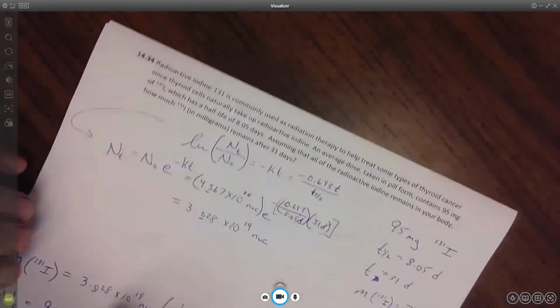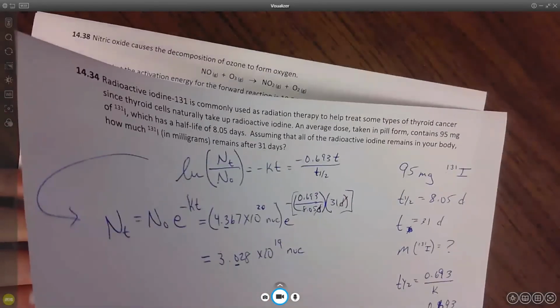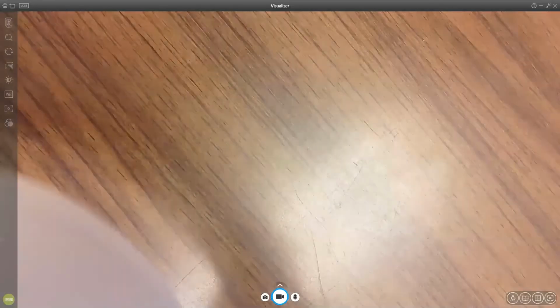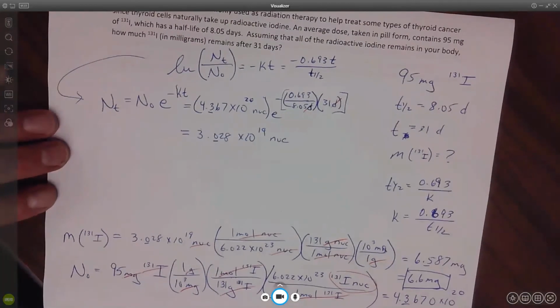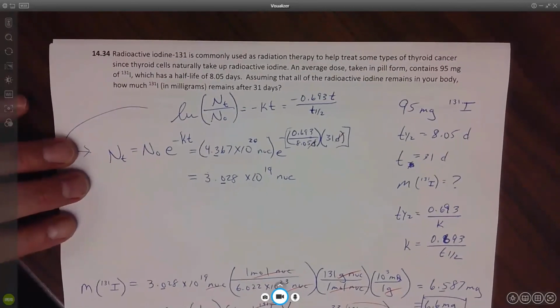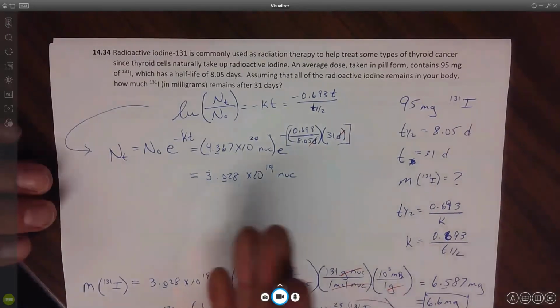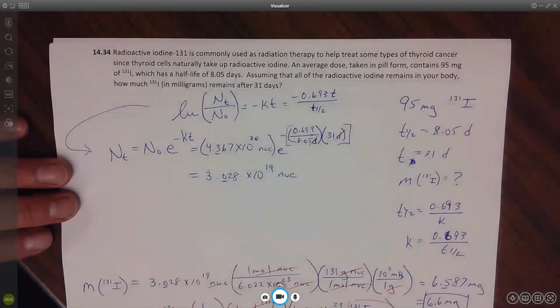Okay, is there any questions about that? Okay, now, there's other ways to solve this. I might have said, hey, look, you found this pile of nuclear waste, and you know that the nuclear waste is iodine-131.